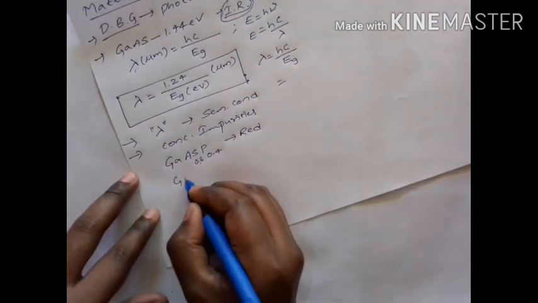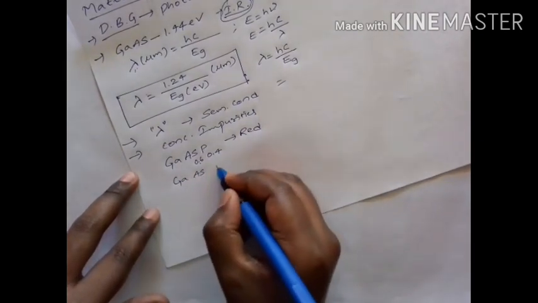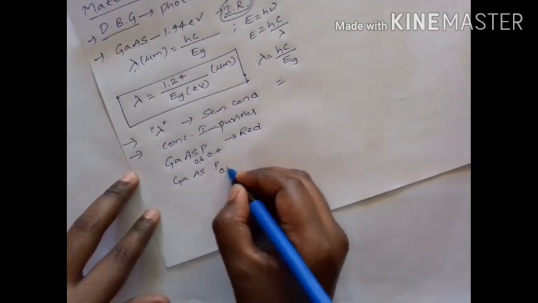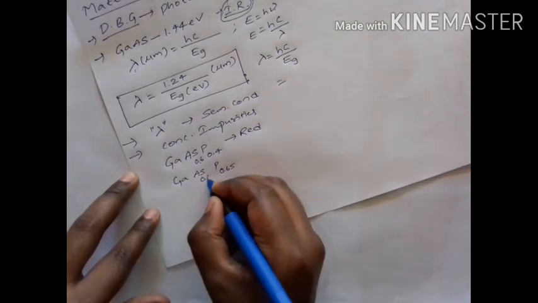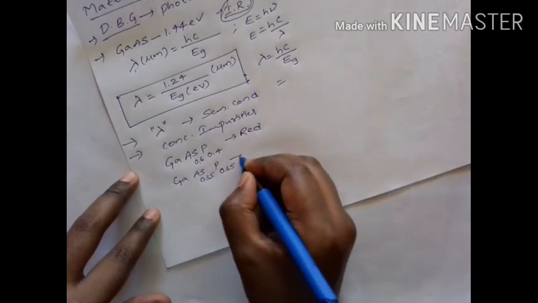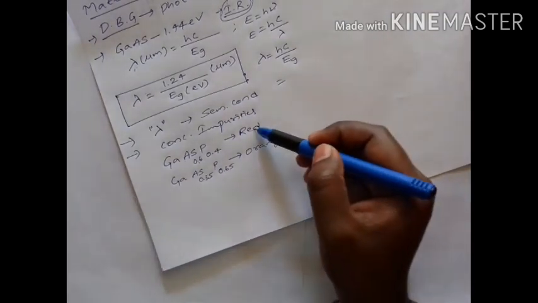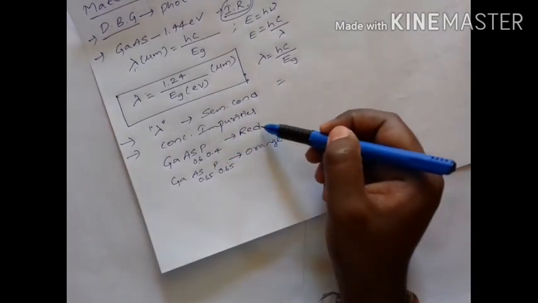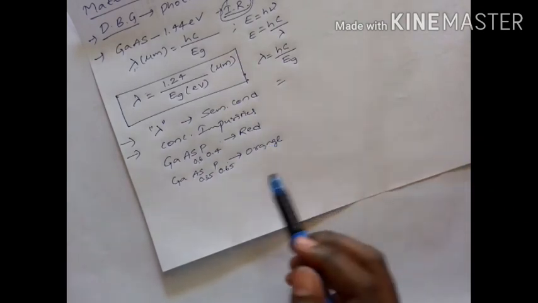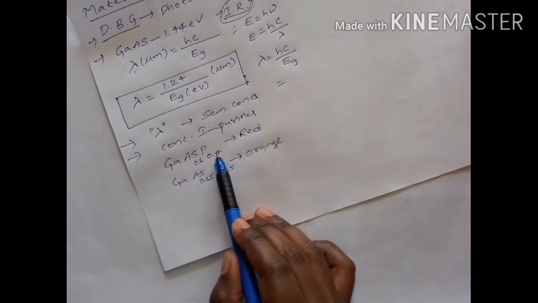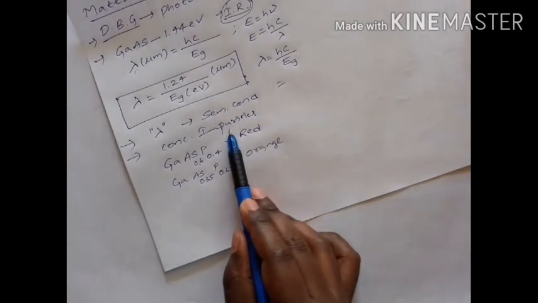If we change the concentration of arsenic and phosphide to 65% and 35%, then an orange colored light is emitted from the LED. So from these two configurations we can say that the LED light wavelength also depends on the concentration of impurities.